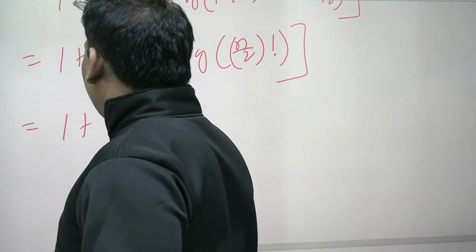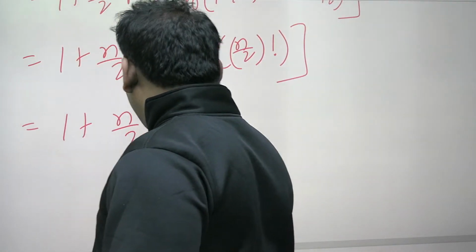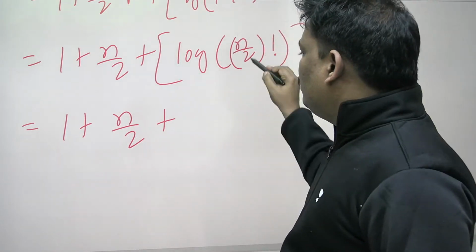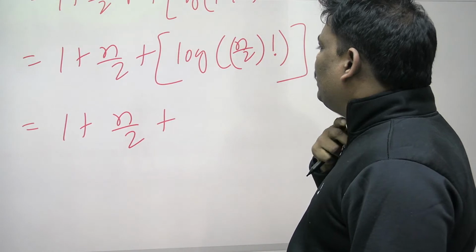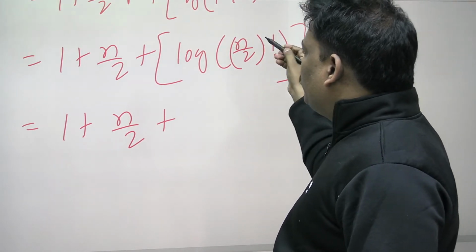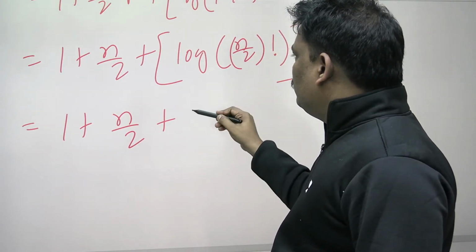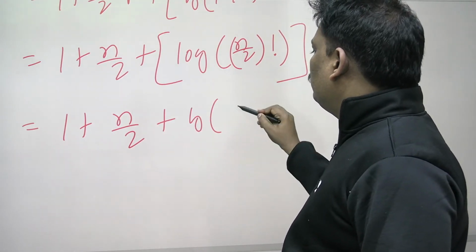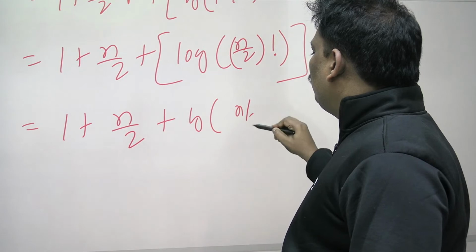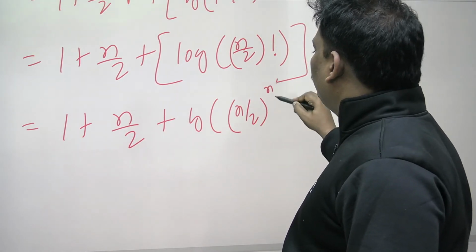n by 2 factorial can be written as, careful everyone, let me write this one, log of n by 2 whole power n by 2.